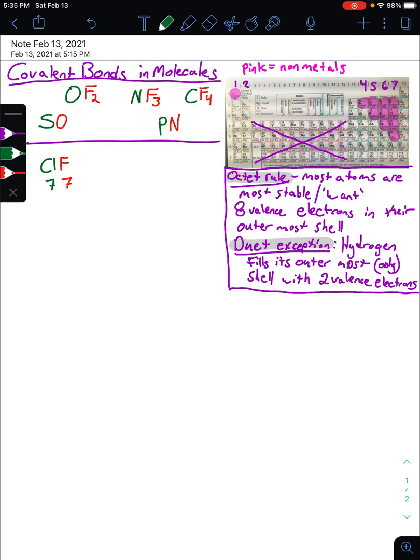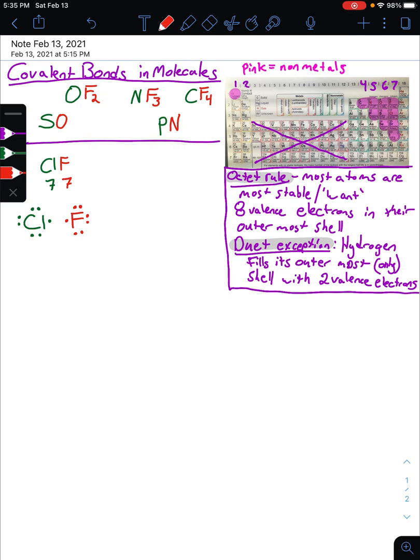If I draw my chlorine with its typical Lewis dot structure, you see 1 lone pair, 2 lone pairs, 3 lone pairs, and 1 valence electron all by itself. If I switch to drawing fluorine, 1, 2, 3, 4, 5, 6, and its 7th.